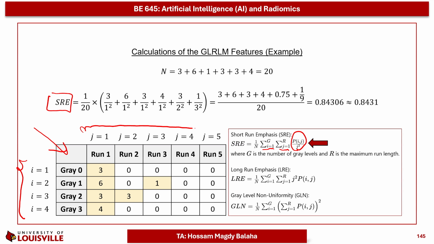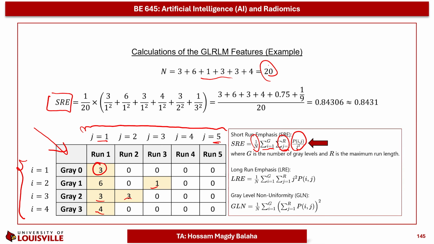And also here the R has a counter named J, so simply start from 1 until you reach 5, and this will help during the calculations. Now we need to divide each probability value by its corresponding J square, and finally divide that by n. N here is the sum of the matrix, which is 3 plus 6 plus 3 plus 4 plus 3 plus 1, which is 20.